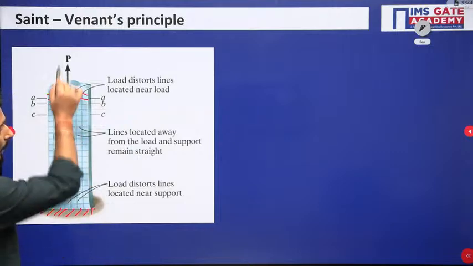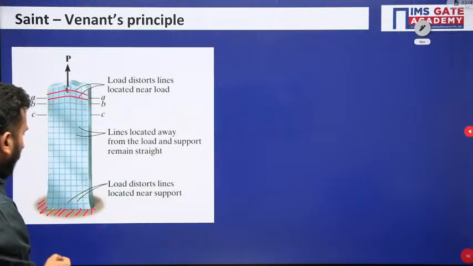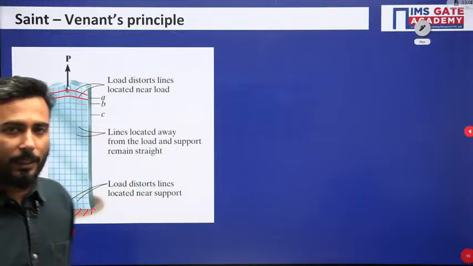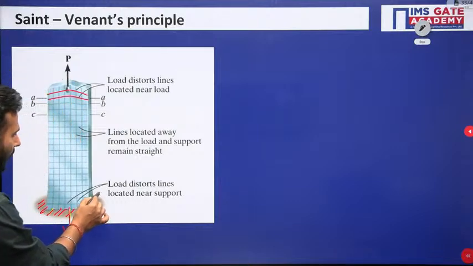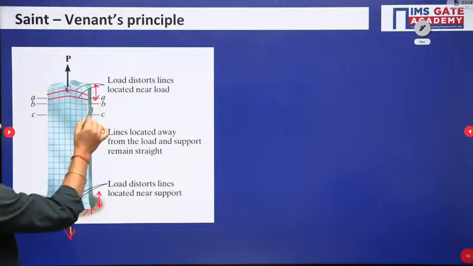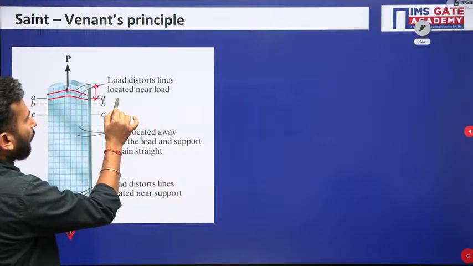When it is pulling up, it has to remain in equilibrium, so from here the reaction force is holding it in the downward direction. Near the edges, up to this length and from here up to this length, clearly you can see that some localized deformation is there.